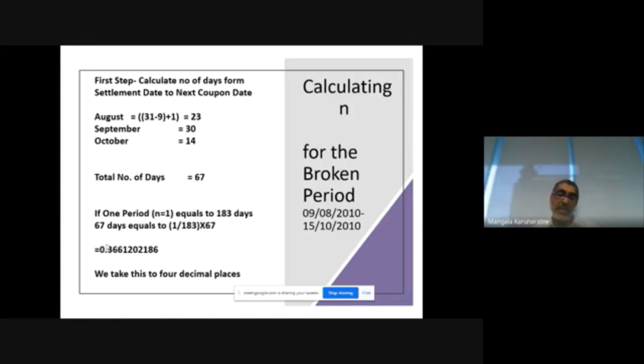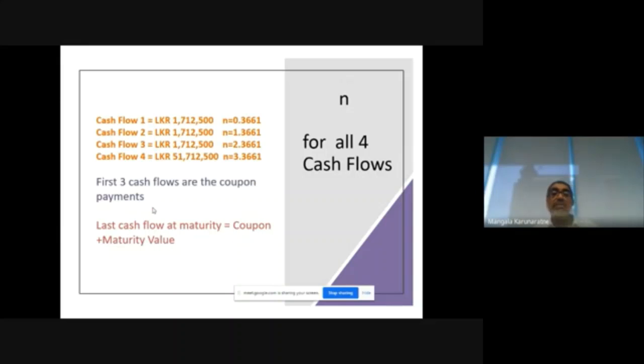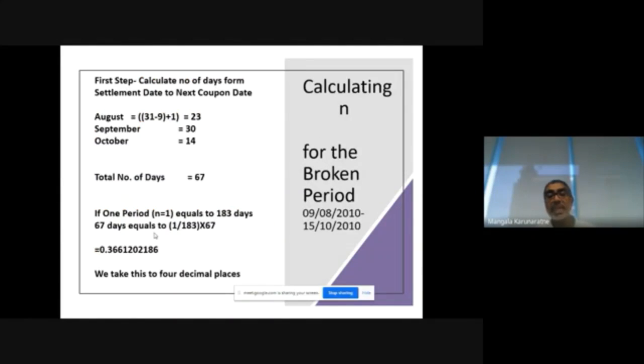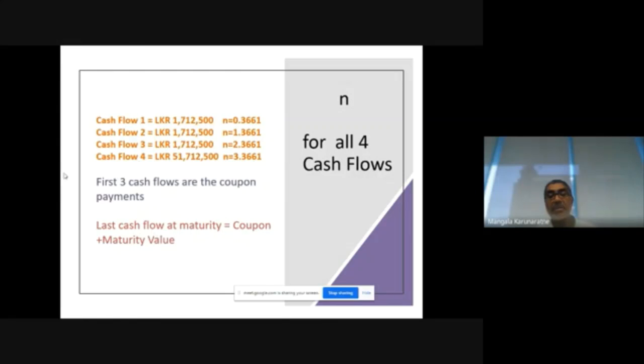So now here I have given you this cash flow. If we take all the cash flows, we can arrive at n for all 4 cash flows. So I will explain the cash flows again. The first cash flow is 1,712,500.